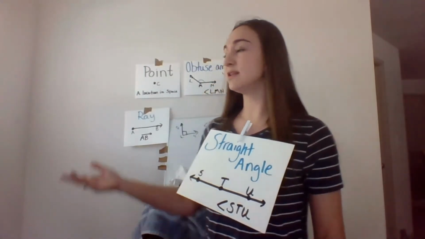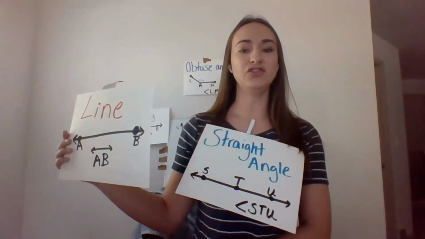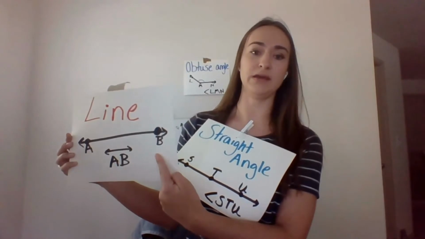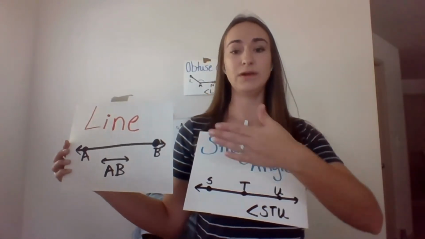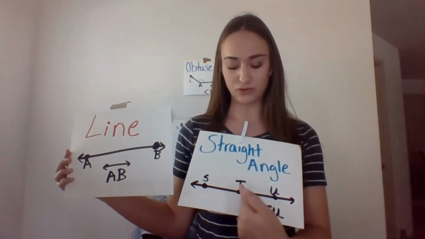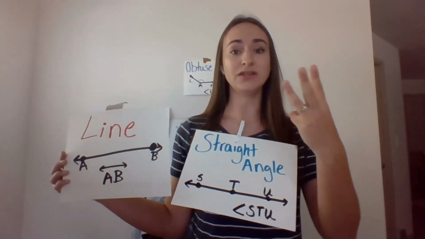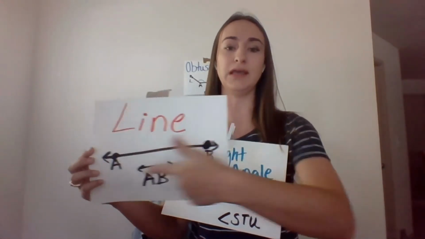Notice that on the line, it just had 2 points. It had A and B. The difference between a line and a straight angle is just because it has 3 points. When we're showing an angle, we have to name 3 points, or else it would just be a line, AB.